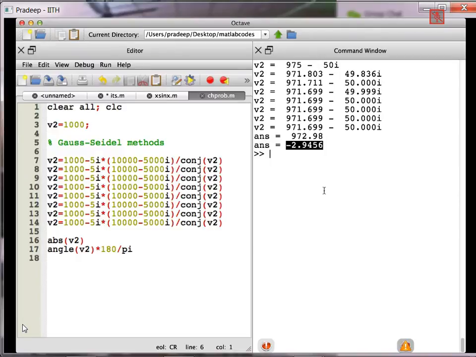Okay, so the final answer is... so here I say MATLAB code.